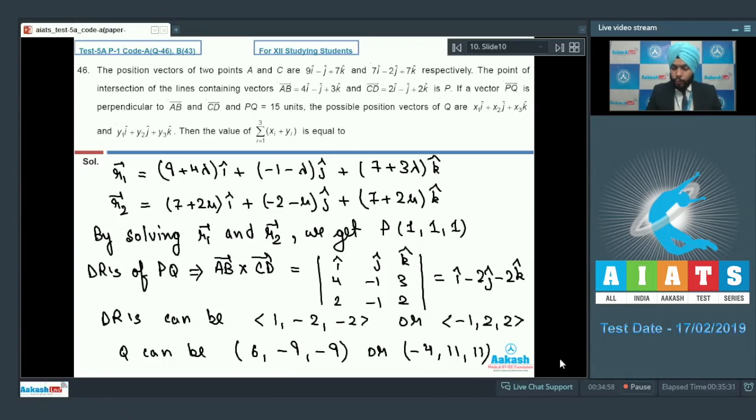Pairwise the summation is 2, 2, 2 for abscissa, ordinate and applicate. So 2 plus 2 plus 2. The answer is equal to 6 for question number 46. Okay, so a very simple question just based on the concept of direction ratios and the cross product. So we have 6 as the final answer. Let us move on to the next one.